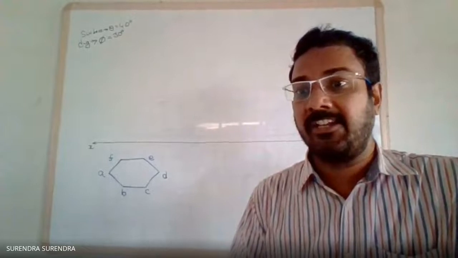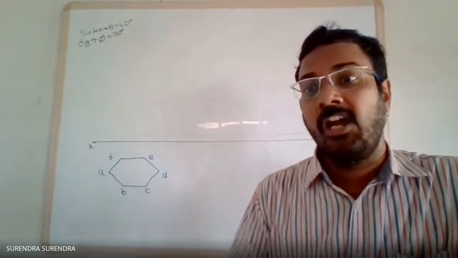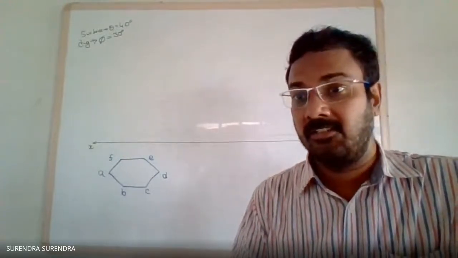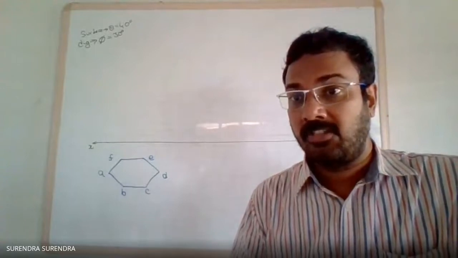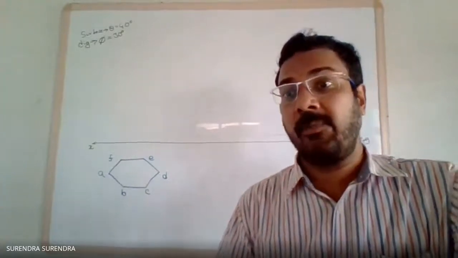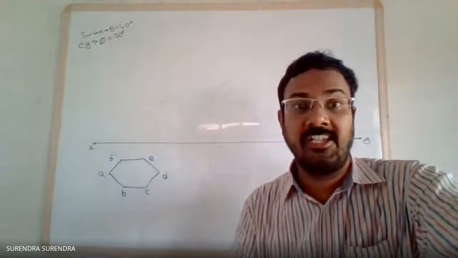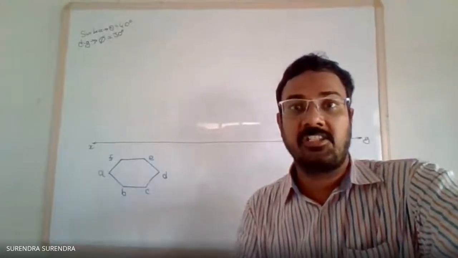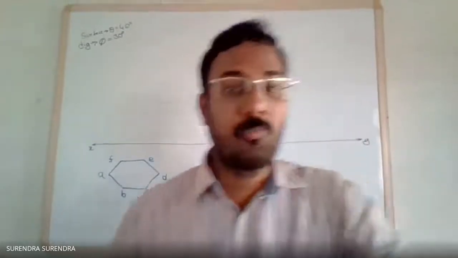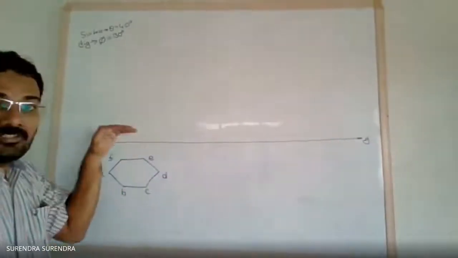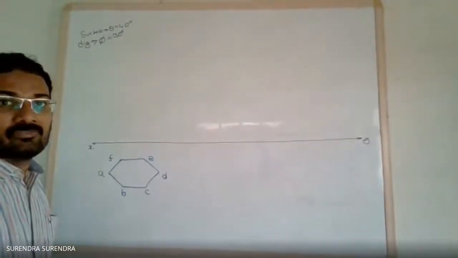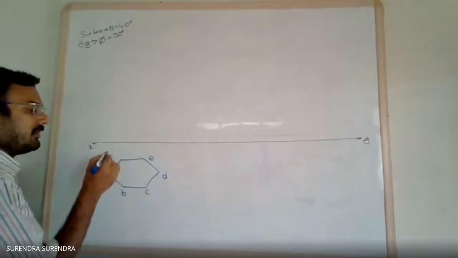Its surface is inclined at 40 degrees to the HP, and the top view of the diagonal. Sorry. The regular hexagon of 30 mm side has a corner in HP. So the corner is resting in the horizontal plane. So the initial front view must be on the XY line.